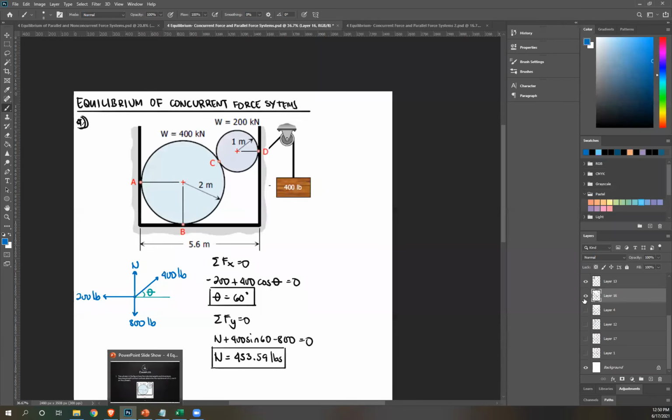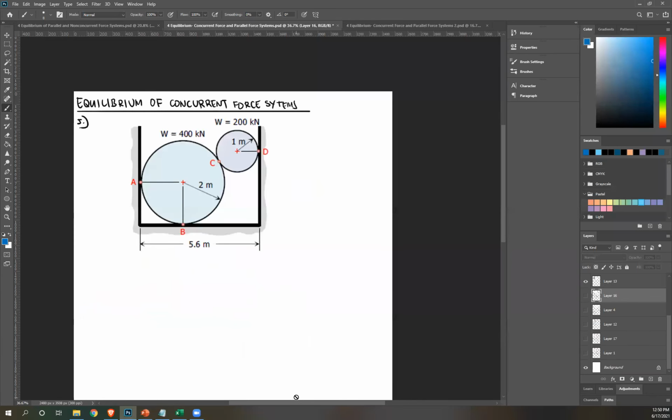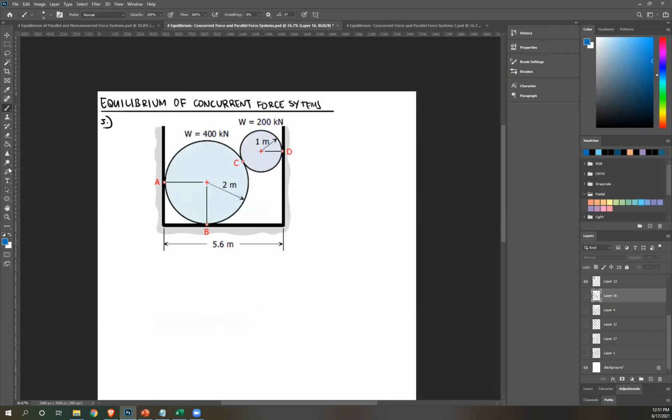So let's solve. Okay. So let's draw, right? I'm gonna just make this more obvious. This is purple, and then we have a blue one here. So let's start with the purple reactions, right?